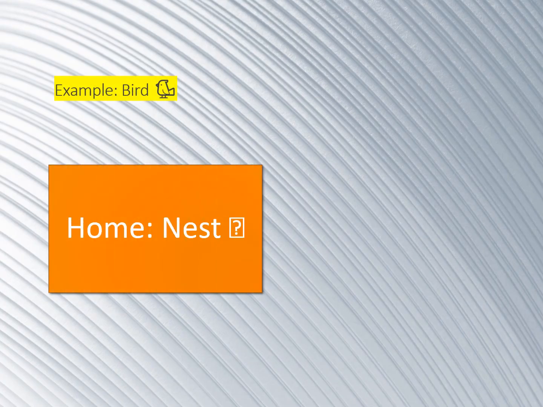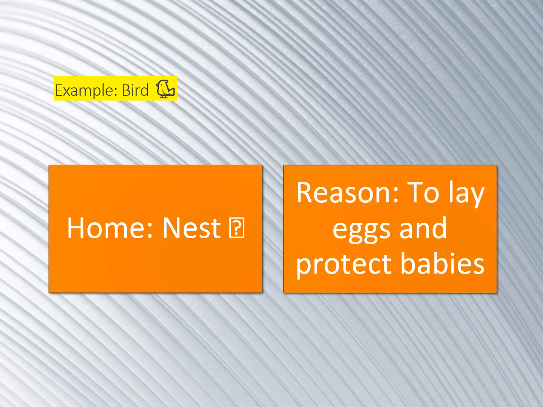Here is another example, bird. If they took bird, they will stick the bird's home as nest, and the reason they will write as to lay eggs and protect babies, and the chart will be displayed on the wall.